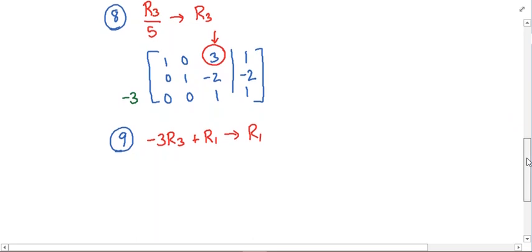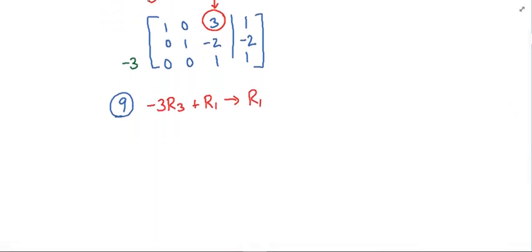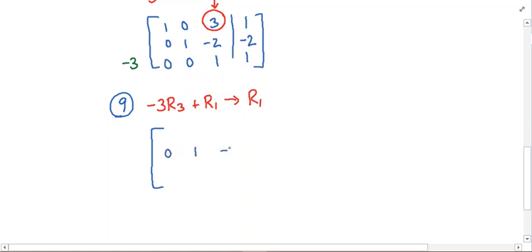Okay, so let's do this. When you write down your next matrix, only row 1 changes. So I'm going to leave row 2 alone. I'm going to leave row 3 alone. I'm going to go out to the side and do my work. I'm going to do -3 times row 3.